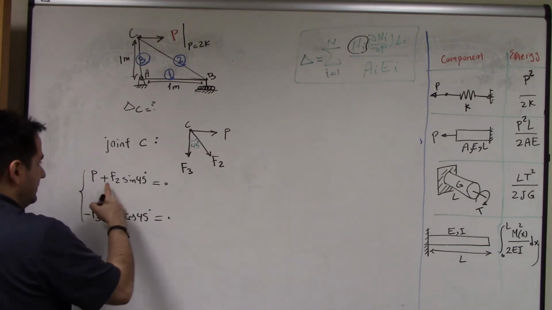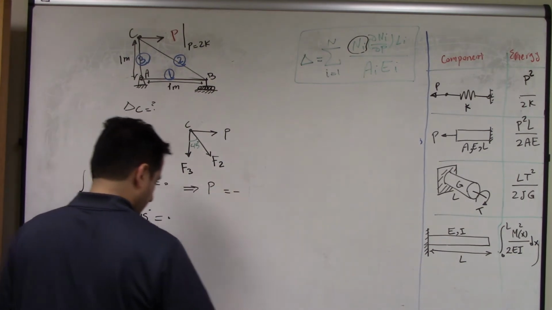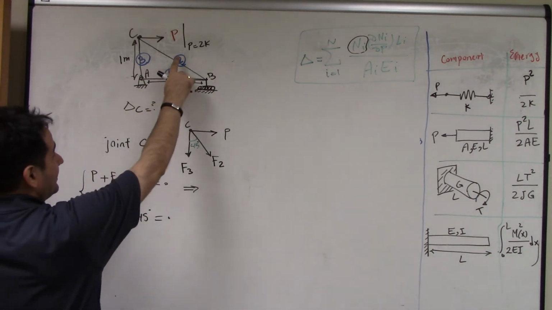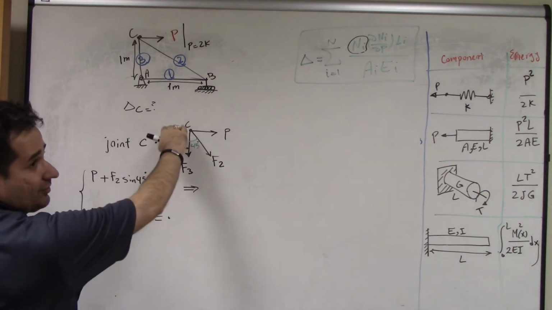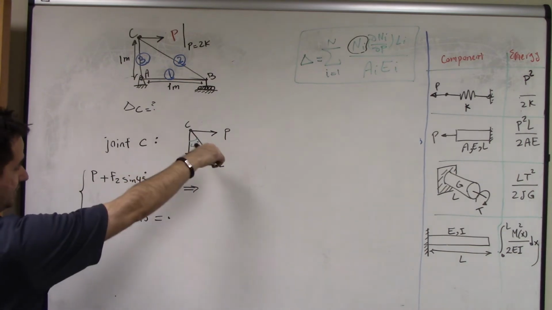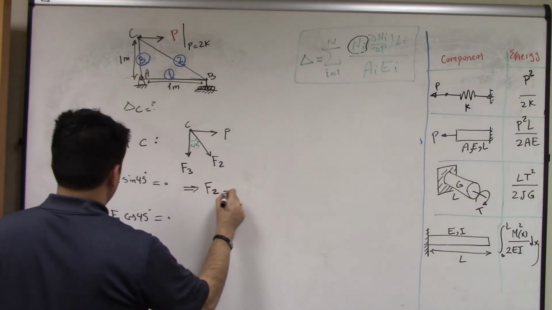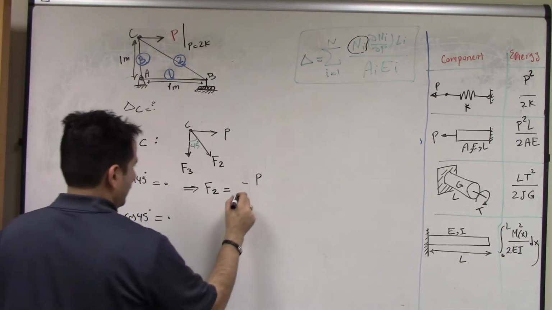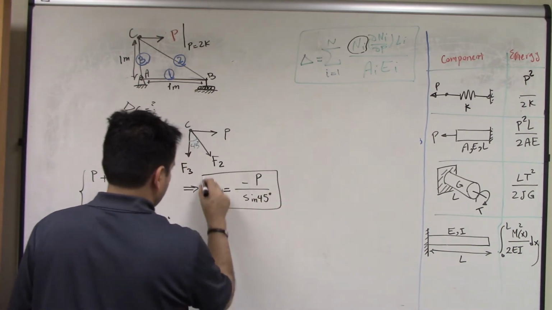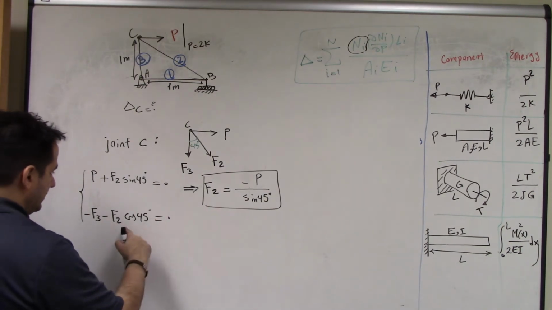We solve for the unknowns F1, F2, F3. So we solve for F2. F2 is equal to negative P over sine 45 degrees. One equation, one unknown.